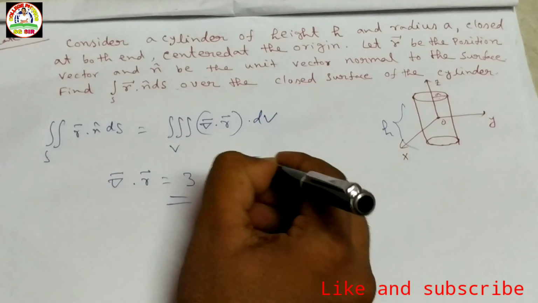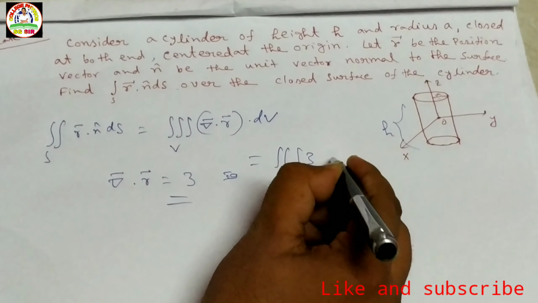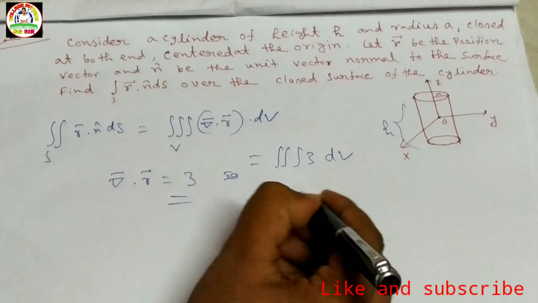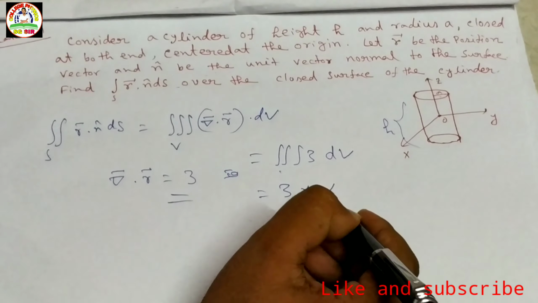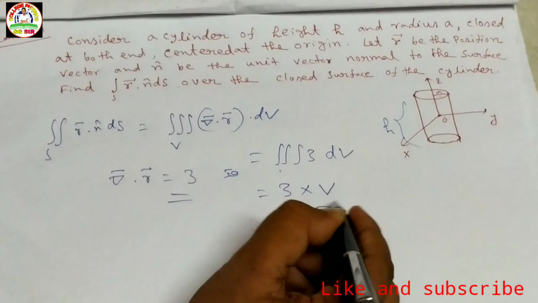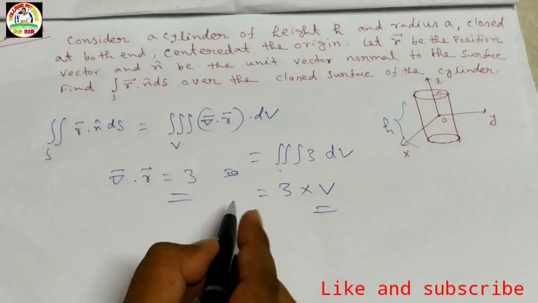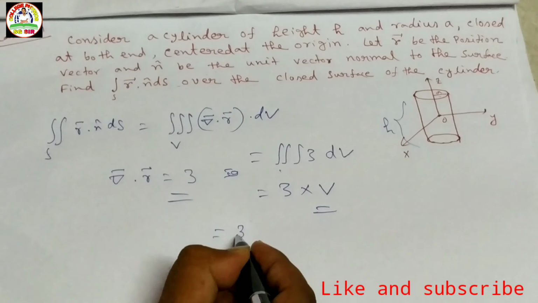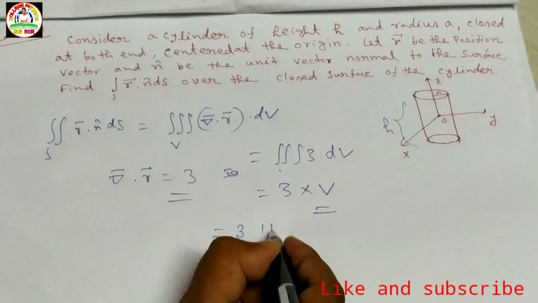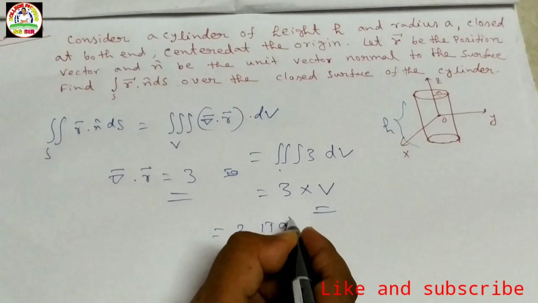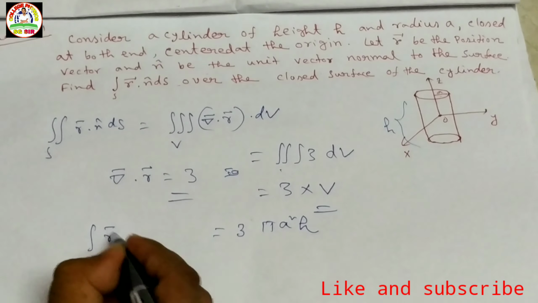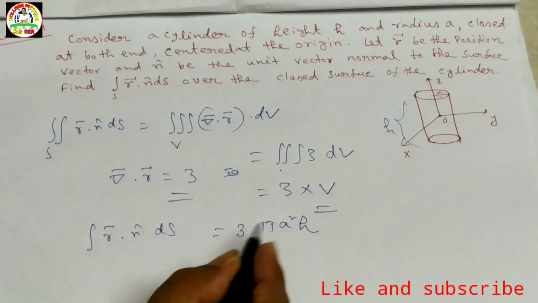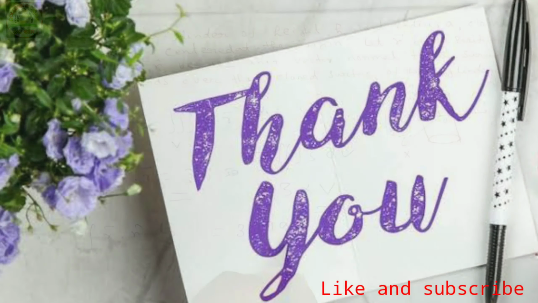So we get 3 into dv. So 3 into the integration of dv is equal to V, where V means the volume of the cylinder. We know the volume of the cylinder is equal to pi a square h. So the answer is that the integral of r dot n cap ds over the closed surface is 3 pi a square h.